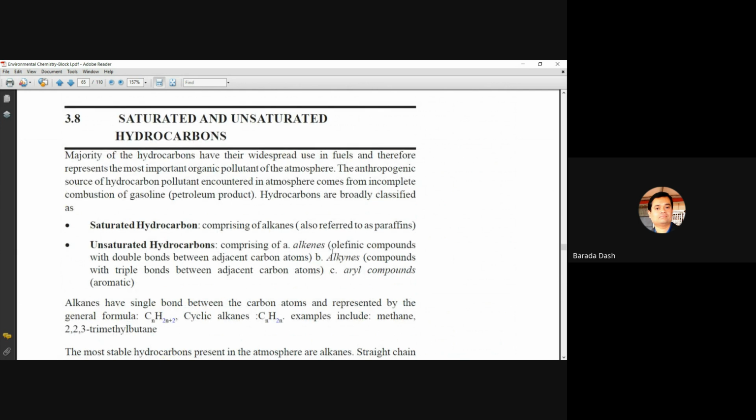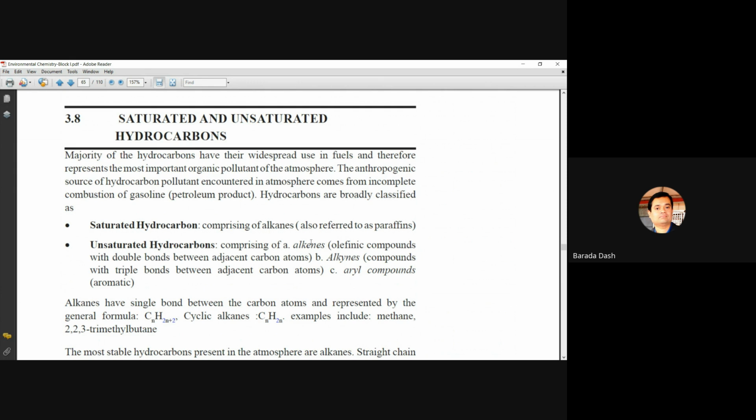The next topic is saturated and unsaturated hydrocarbons. The majority of hydrocarbons have widespread use in fuels and therefore represent the most important organic pollutant of the atmosphere. The anthropogenic sources of hydrocarbon pollutants encountered in the atmosphere come from incomplete combustion of gasoline.